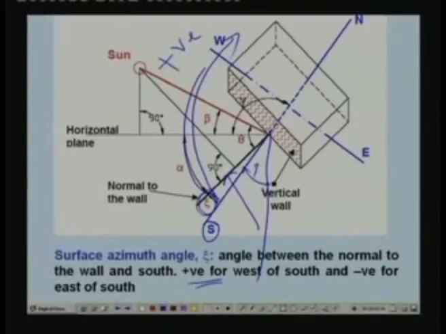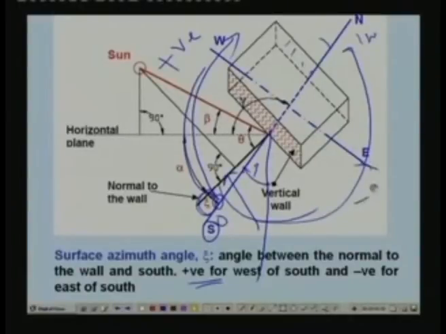That means zeta varies from 0 degrees when the normal coincides with the south, to 180 degrees when it coincides with the north. That means for this one it is 180 degrees. And in this direction, if it is facing in this direction, it varies from again 0 to 180 degrees through negative values. For example, east is minus 90 degrees, whereas west is plus 90 degrees.